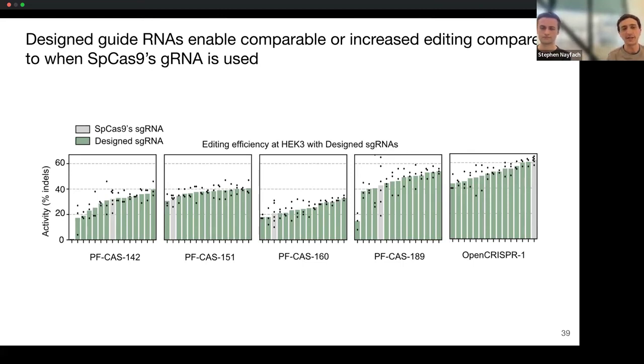In many cases, what you see is that our designed guides, which were generated using our machine learning model, show good compatibility with these proteins, equaling or in some cases even exceeding that of SpCas9. Interestingly, for OpenCRISPR-1, SpCas9's guide RNA actually did display the best editing. And this underscores that OpenCRISPR-1 can be used essentially as a drop-in replacement for existing genome editing systems that use SpCas9's guide RNA.